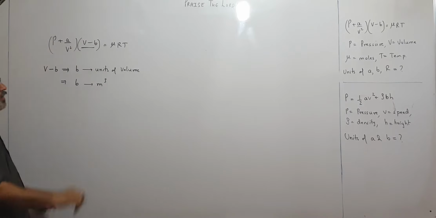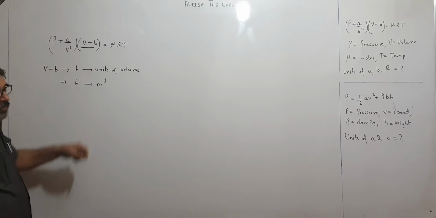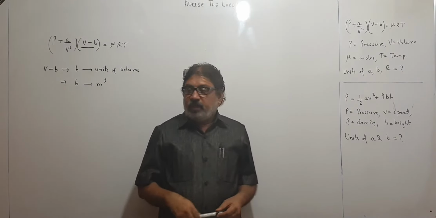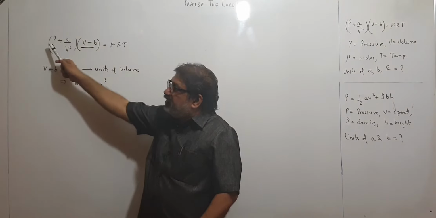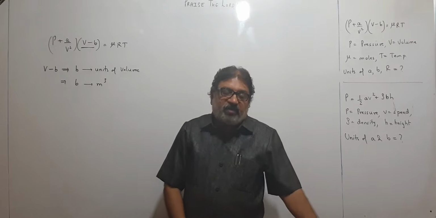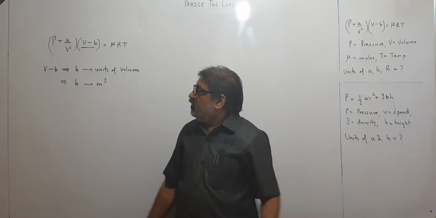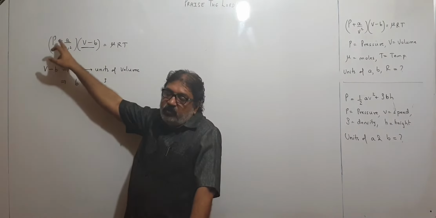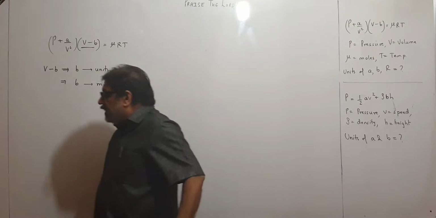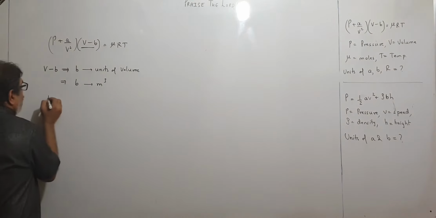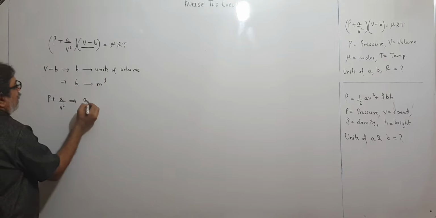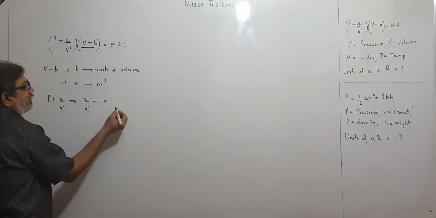Now this is pressure and plus something, so we can add pressure to pressure, so a upon V square must be pressure. Pressure plus pressure only can happen, pressure plus length cannot happen, pressure plus time cannot happen. So P plus a upon V square tells me a upon V square has units of pressure.